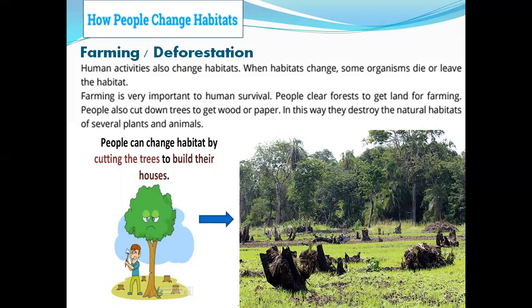So we have just checked some abiotic factors, some natural factors. Now we'll see some factors which are caused by human beings, which can change the habitat. Number one is farming or deforestation. Farming is very important for human survival because they have to grow crops.